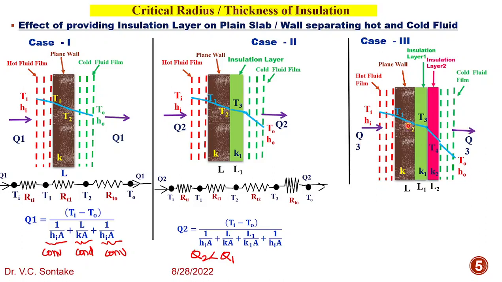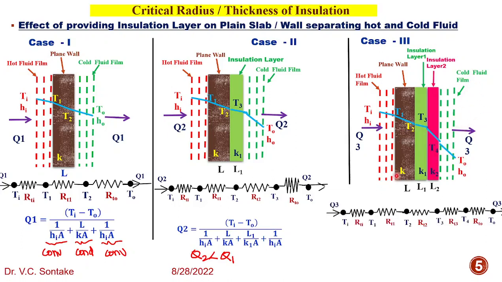By virtue of the heat transfer through the different materials of this system, temperature drop will take place in the hot fluid film from Ti to T1, in the plane wall from T1 to T2, in the insulation layer 1 from T2 to T3, and in insulation layer 2 from T3 to T4, and finally temperature drop will take place from T4 to To in the cold fluid film.